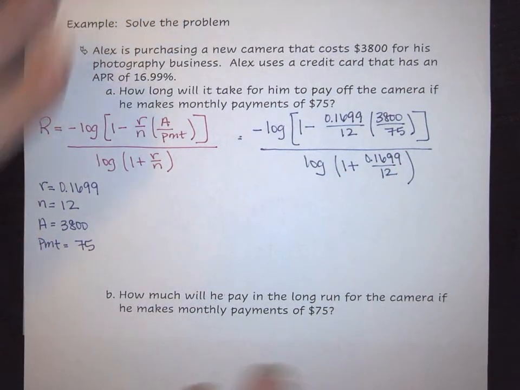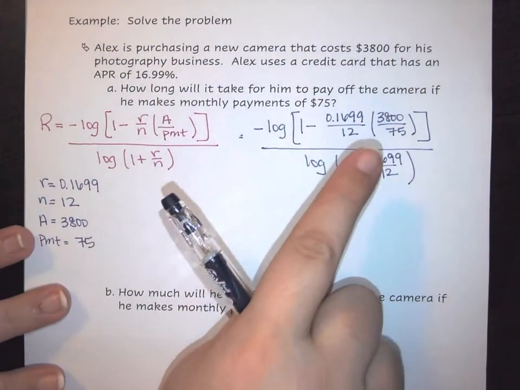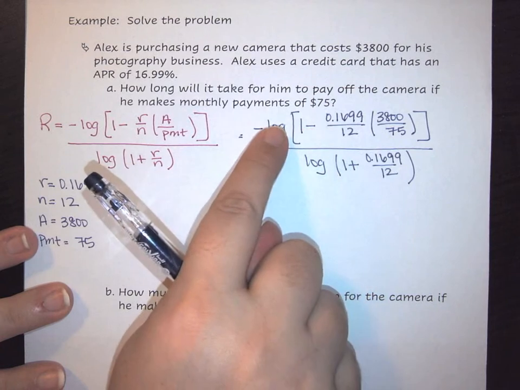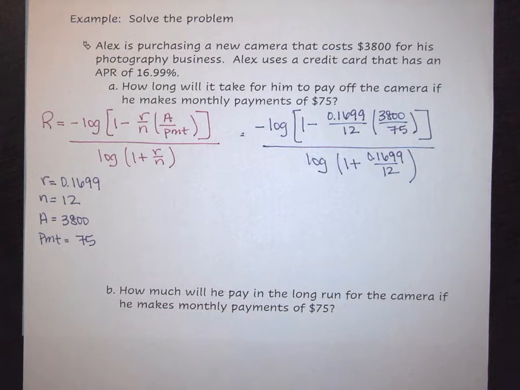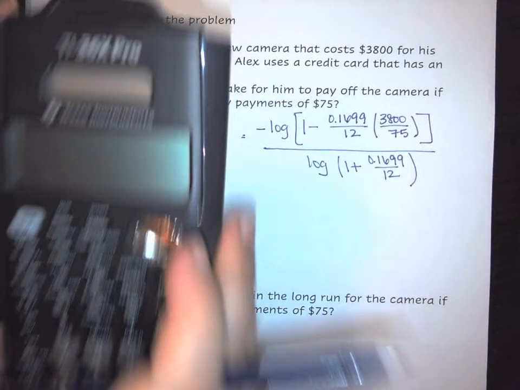Okay. So just like with everything, you always want to work from the absolute inside out in order to calculate. So you're going to pull out your calculator, and we're going to look at the numerator.